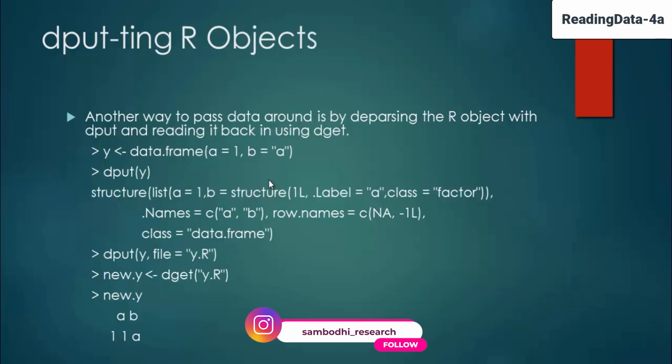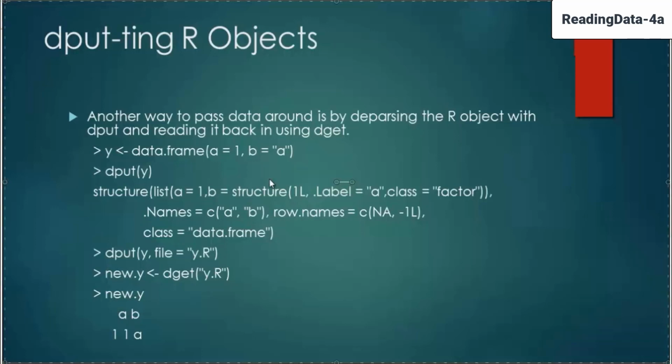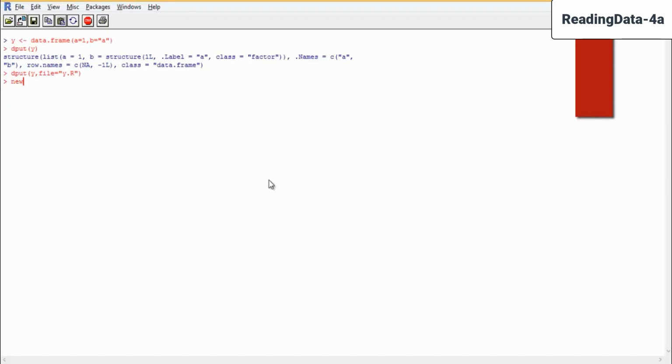Now the same way you can move the data within y.R into an object. Let's say you want to create new.y, using the dget function you can specify the file name and finish it.